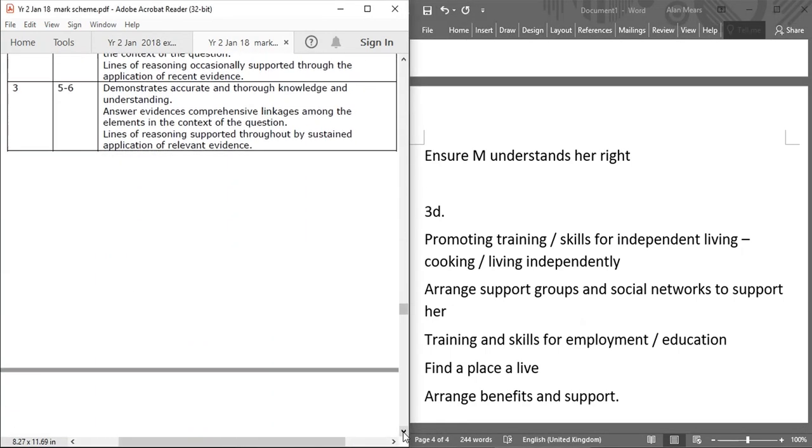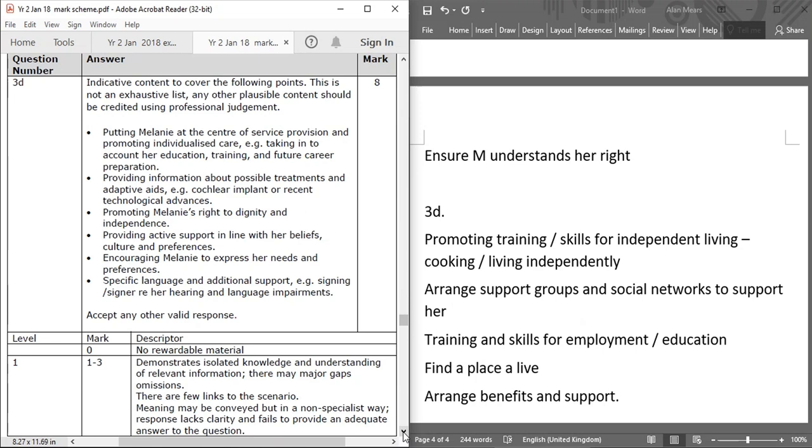So what does the exam board say? Put her at the centre of provision, promote individualised care, take into account education, training, future career, treatments like hearing aids, cochlear implants, right to dignity, support her beliefs, express her needs, specific language. So I've gone more down the practical route of helping her.